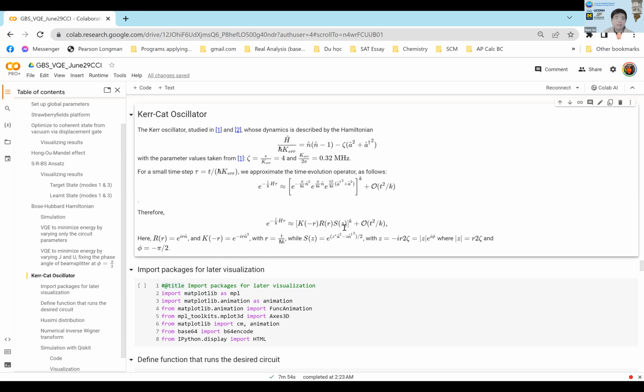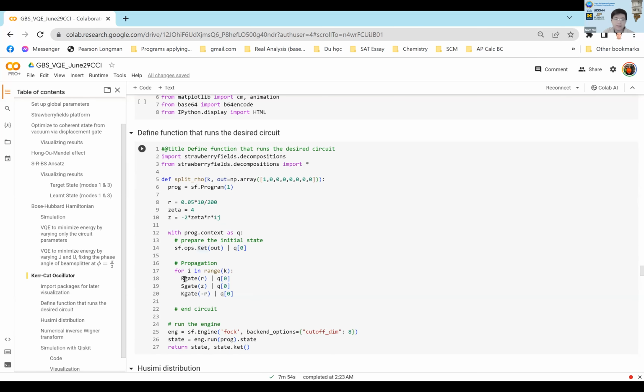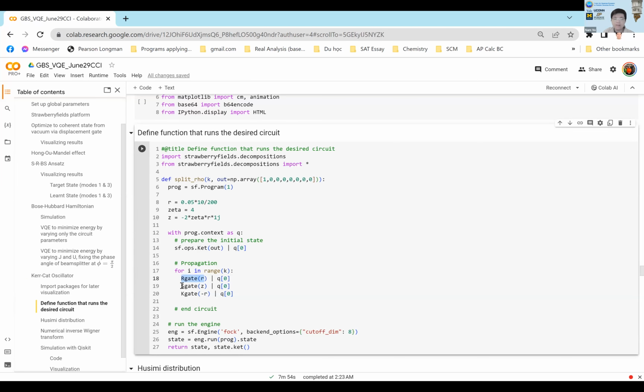The order of them doesn't really matter. So you can see here, there's a rotation, a squeezing, and a Kerr gate. All of them apply onto the only mode that we have, right? And then we have the Fock engine backend, and then we just run the circuit as shown here.